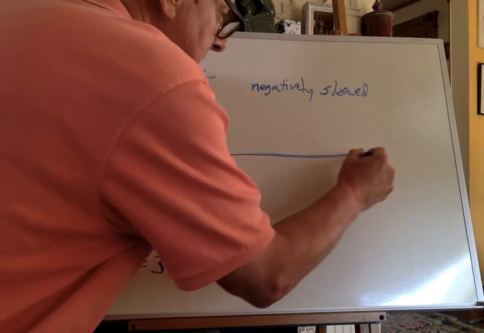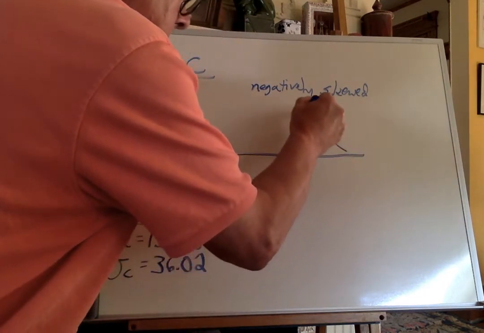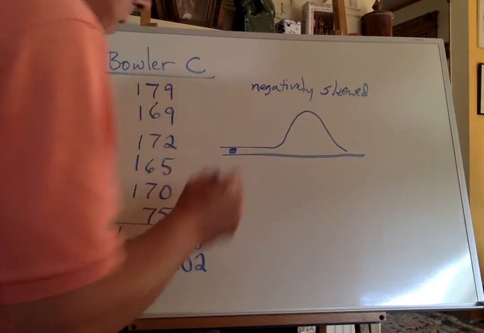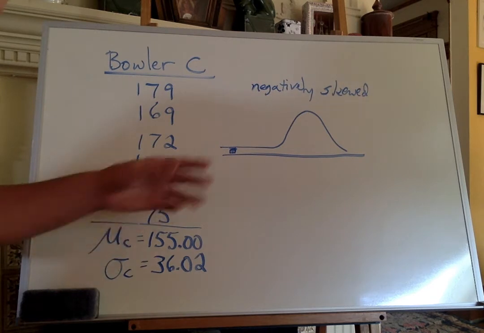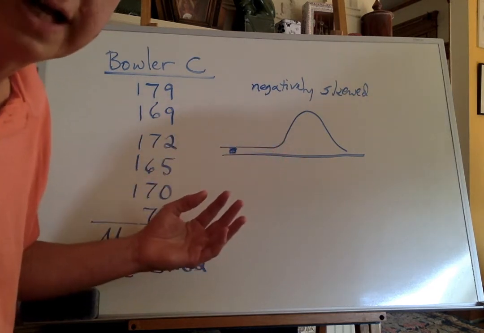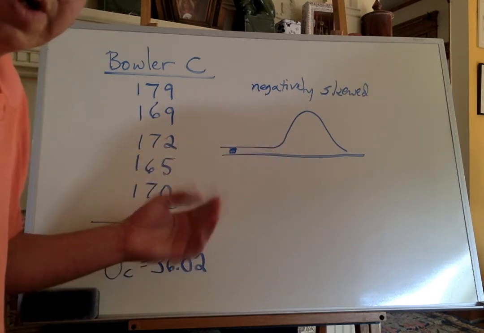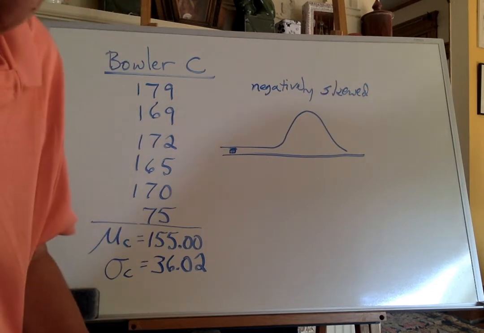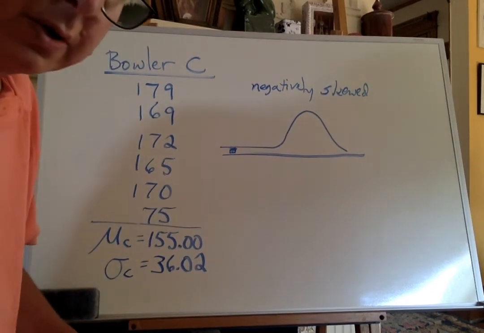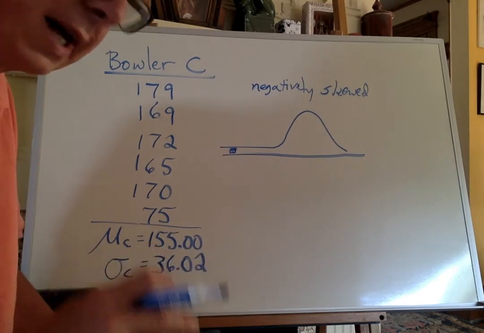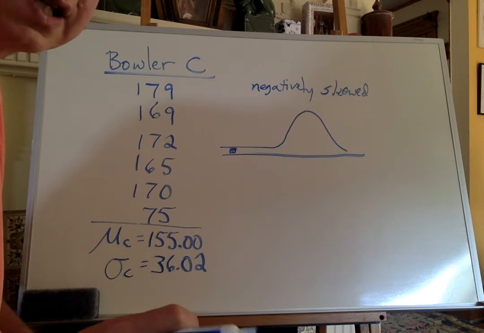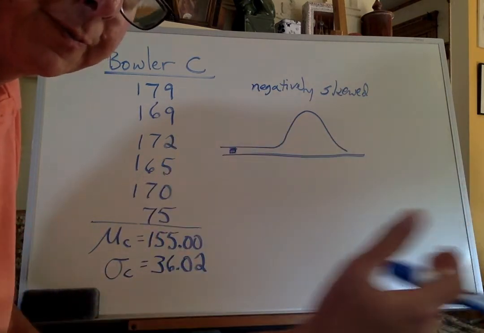And here's what we're seeing. So a lot of numbers here, and then what? We have this one weird number here, 75. So this would be called a negatively skewed distribution. Now, in a previous video, we talked about the fact that the mean is not a good measure of central tendency in a positively skewed distribution.